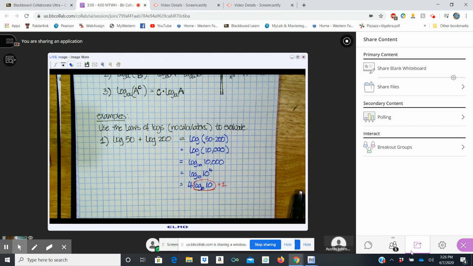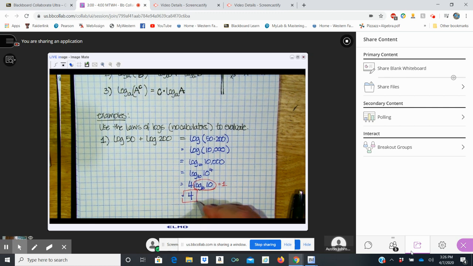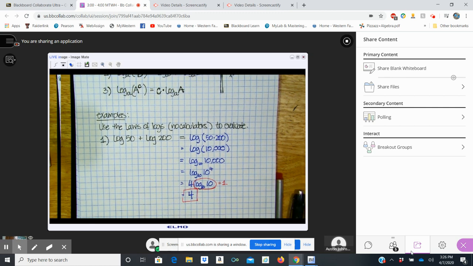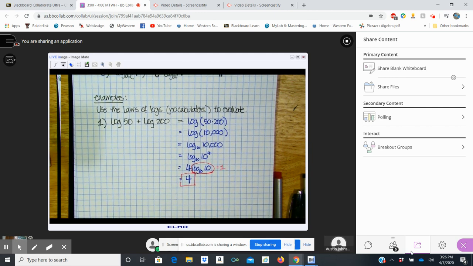Log base 10 of 10 is 1. So this is 4. All right. I wrote them all out, all of the steps. That's how we work it through.